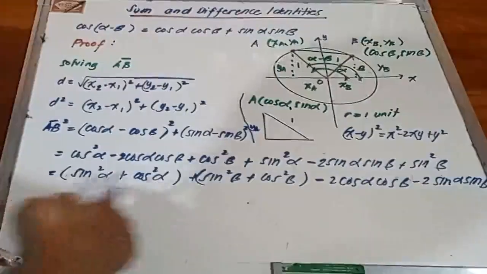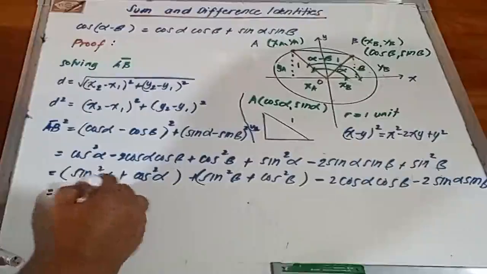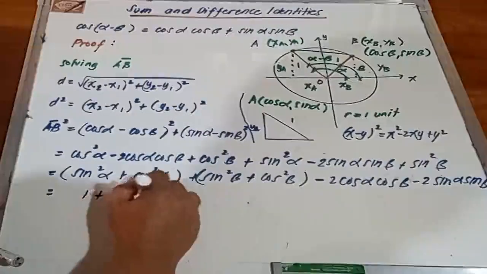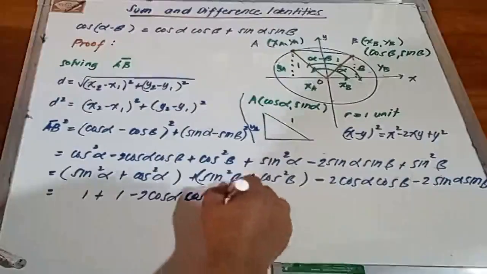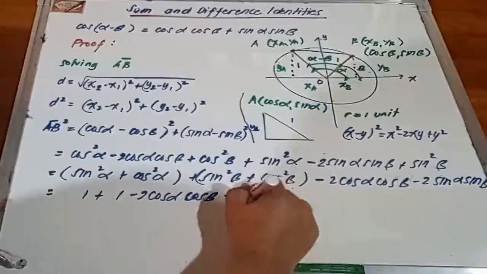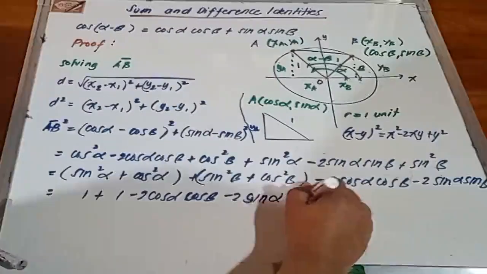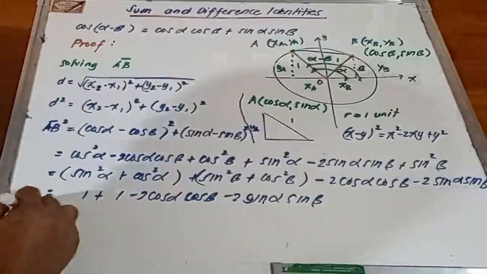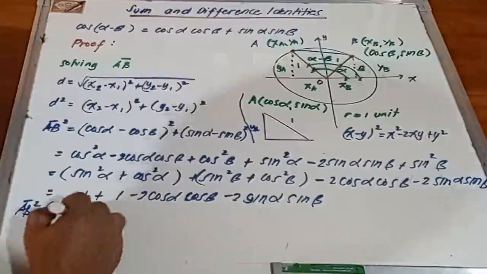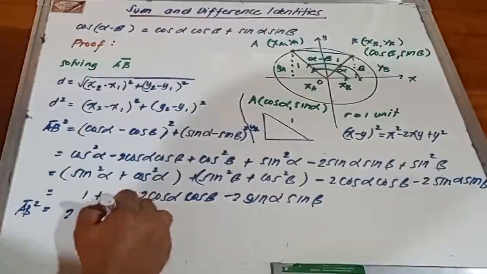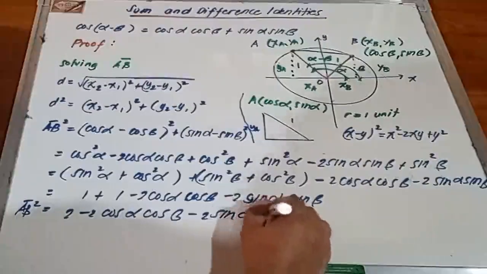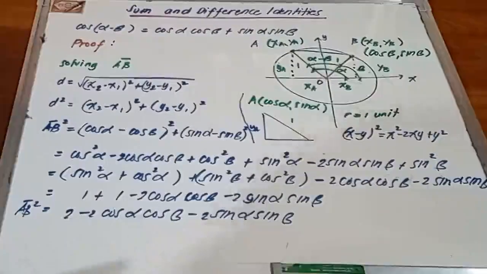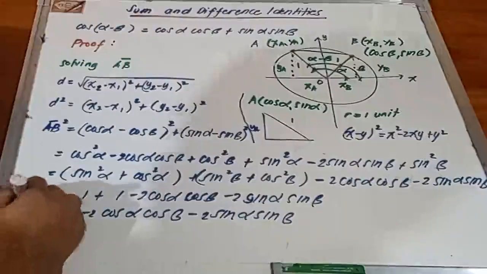Okay? So this is equal to 1. So 1 plus 1 minus 2 cosine alpha cosine beta minus 2 sine alpha sine beta. So AB squared is equal to 2 minus 2 cosine alpha cosine beta minus 2 sine alpha sine beta. Okay? Okay na. So, hindi pa natin na-prove pero gagamitin natin ito mamaya.